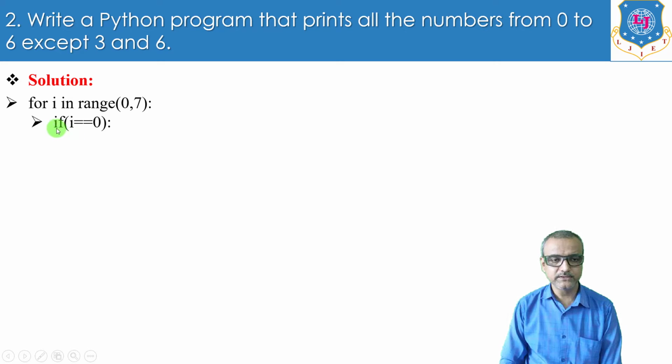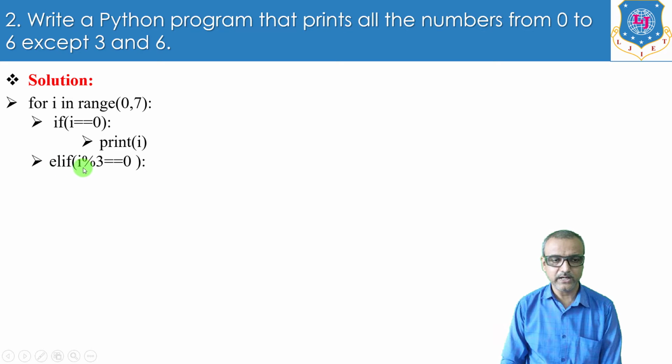Now this is the if condition inside this for loop. If i equals 0: initially the value of i will be 0, so definitely this one will be executed. It will print i, so it will print the value 0.